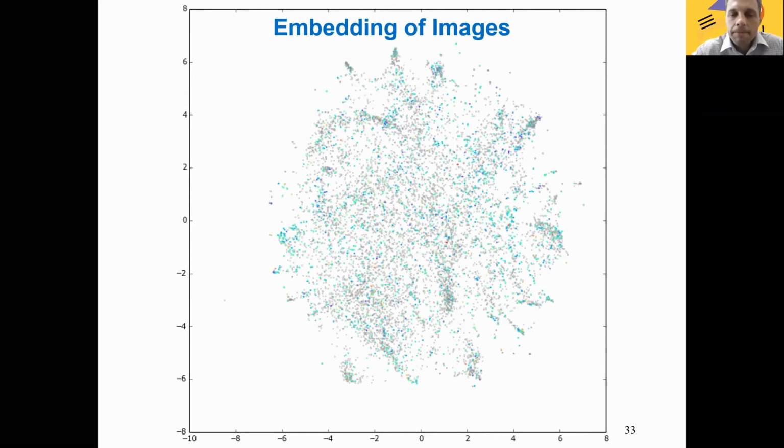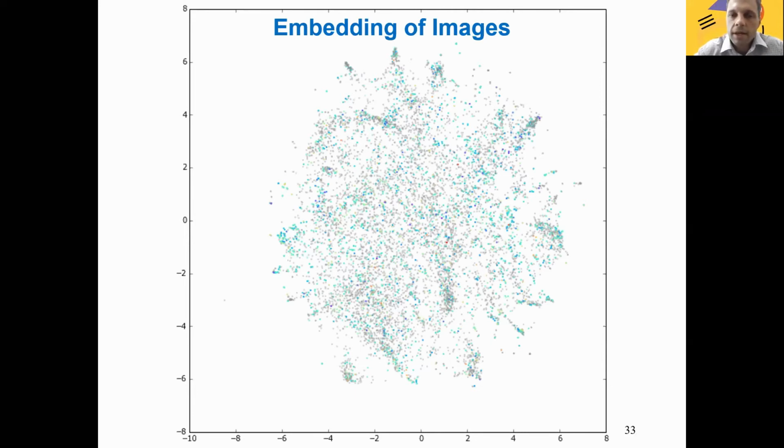So imagine that we consider a big set of images called ImageNet. ImageNet is a well-known data set, and it contains several millions of images. We first did the following pre-processing of these images.